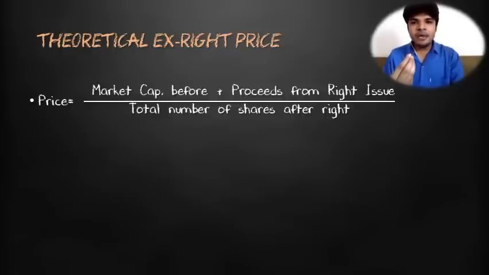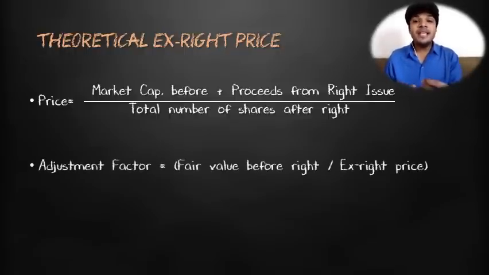Now what is the meaning of market cap before right issue? Number of shares into market price before right issue, and in the denominator there should be total number of shares after right issue. Now suppose 1 lakh shares were outstanding before right issue and 50,000 shares are issued under the right issue scheme, then the total number of shares will be 1 lakh before right issue plus 50,000 of right issue, equal to 1,50,000 shares.